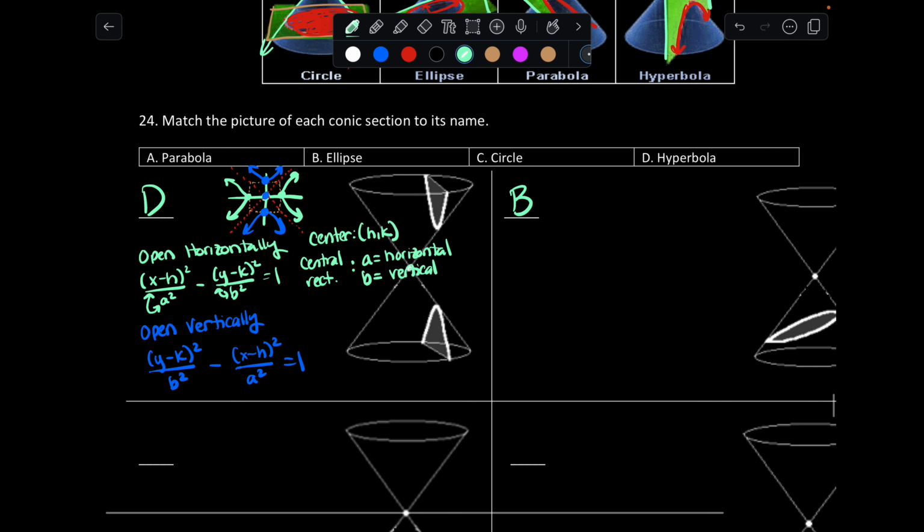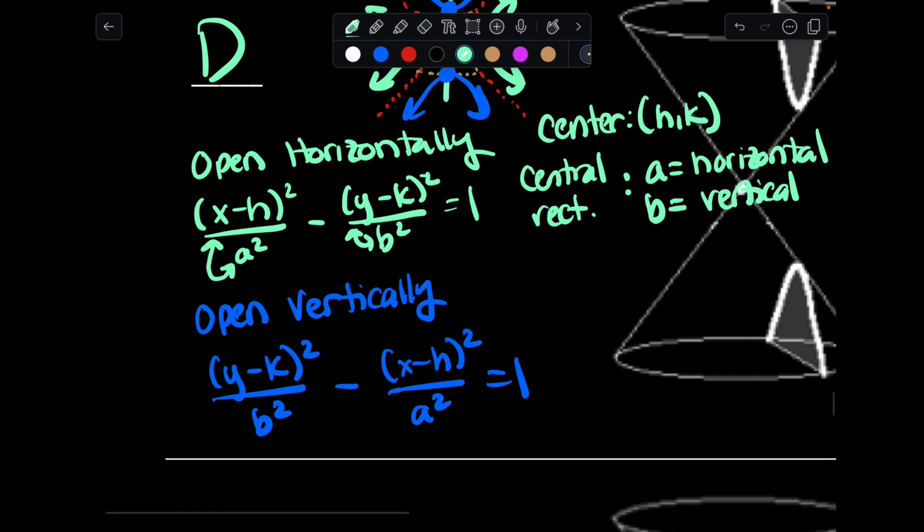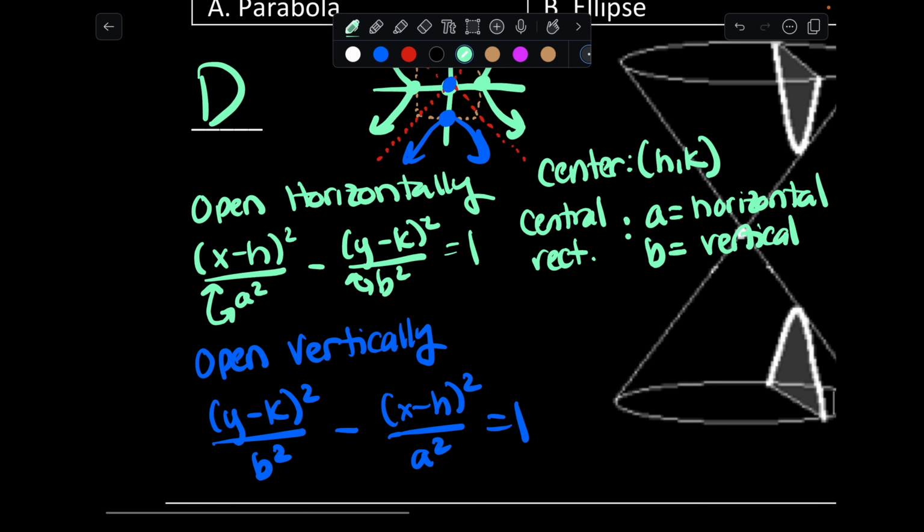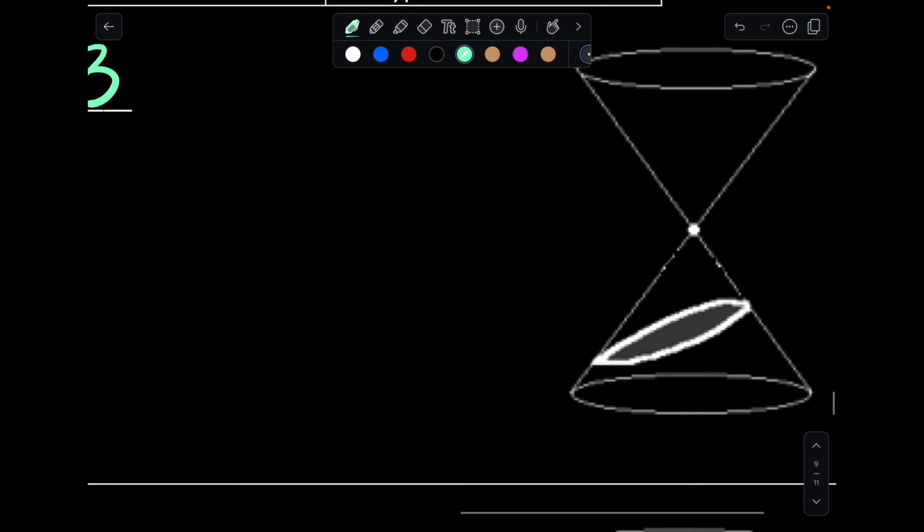So the hyperbola will be the only conic that we go through where you will see an entire term negated. Well, that's not true. You could see the parabola negated. But as far as having a ratio or a fraction involved with both terms, this will be the only one where one of them will be completely negative.